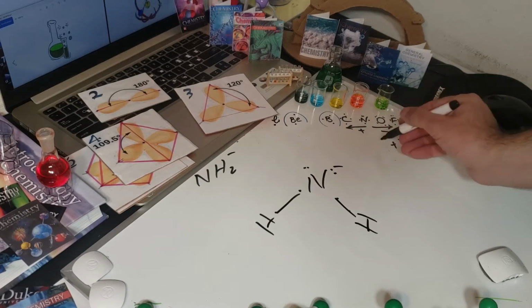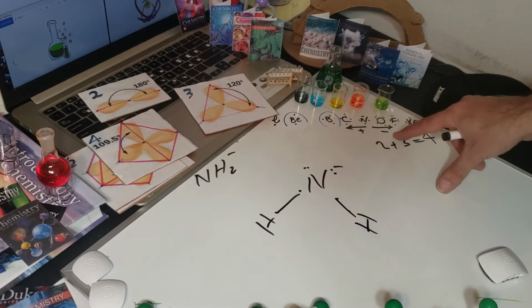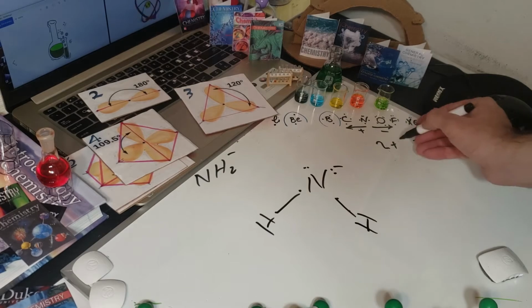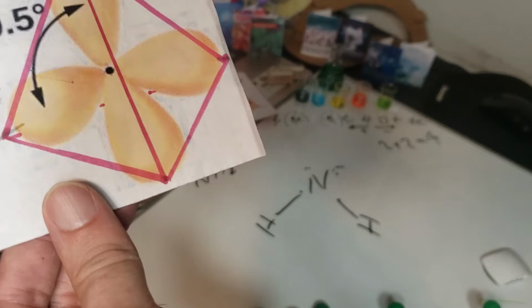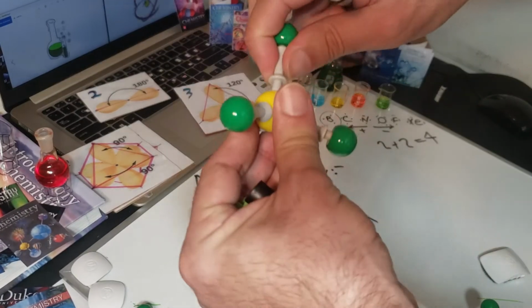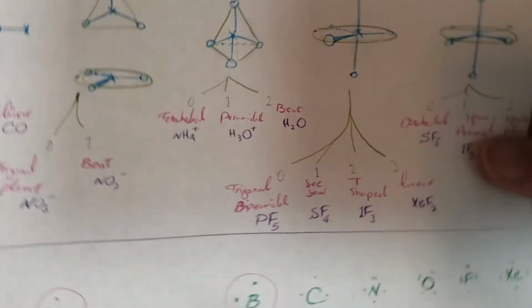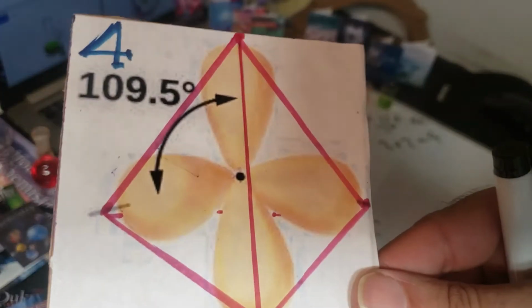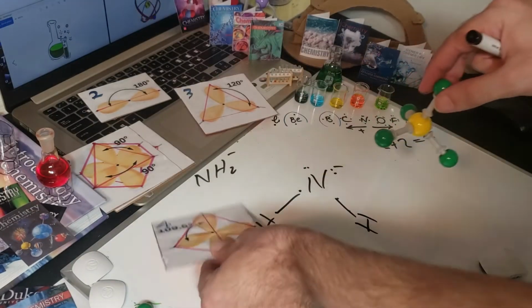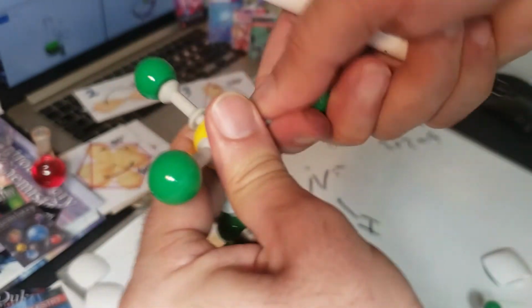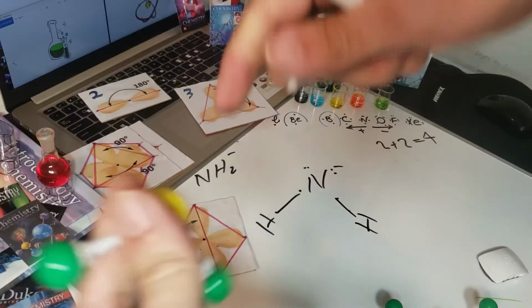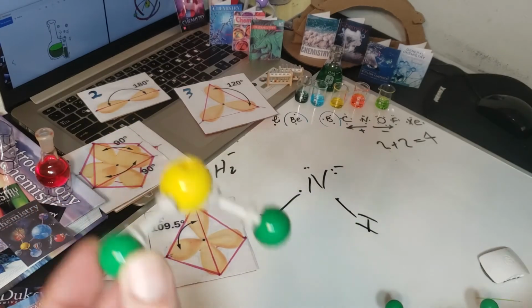There are 2 lone pairs surrounding my central atom and 2 surrounding atoms, which gives me 4 again: a tetrahedral framework, but this time one that has 2 lone pairs. With 2 lone pairs we get the bent geometry, just like we had for water. So in this geometry we have to remove 2 of these elements, this one and this one, to get a bent geometry, as we can see.